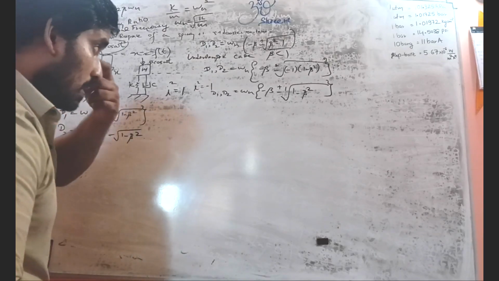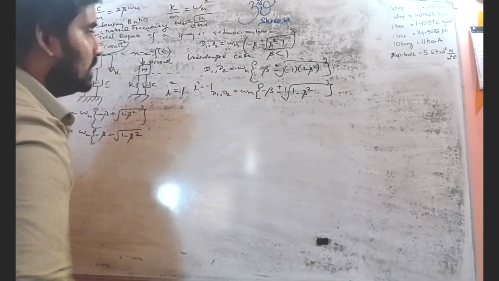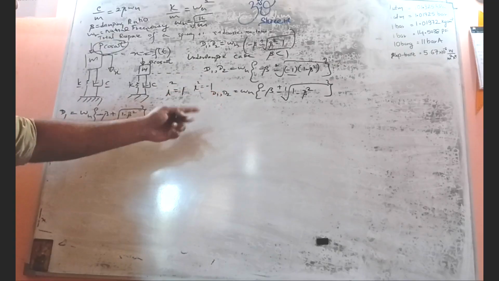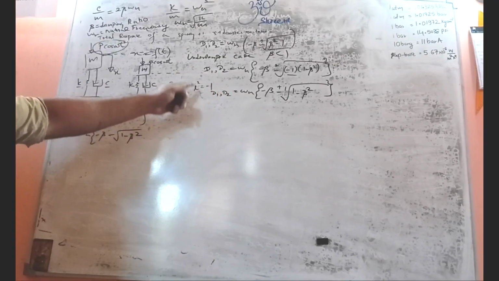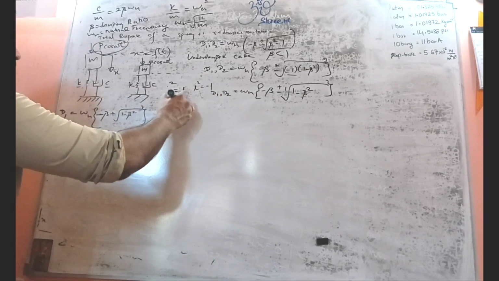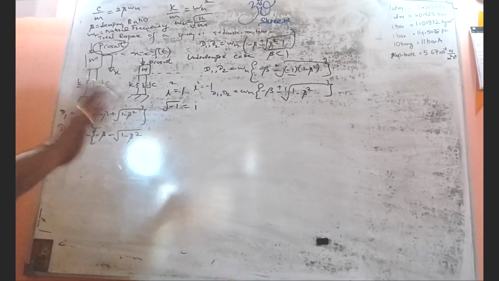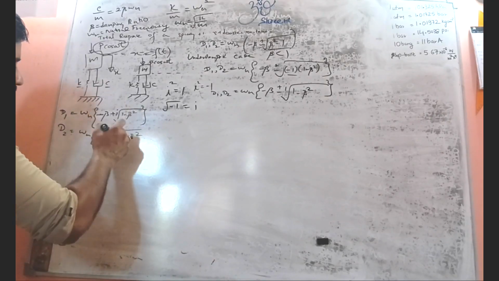But be very careful, because here we have minus 1. As i squared equals minus 1, the square root of minus 1 will be i. So don't forget to include this i component. I hope that is clear.